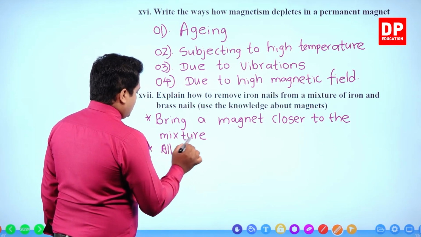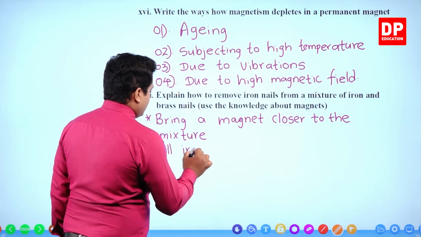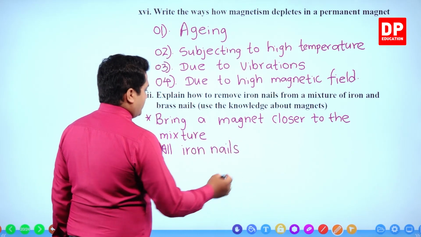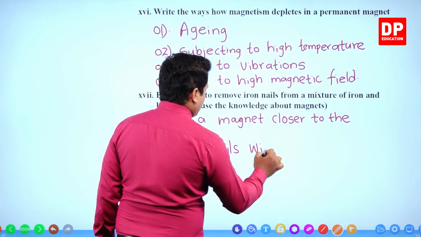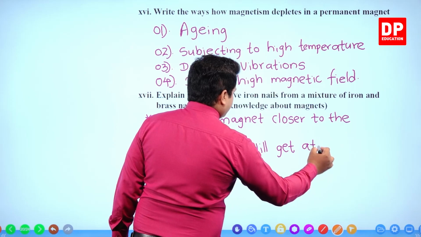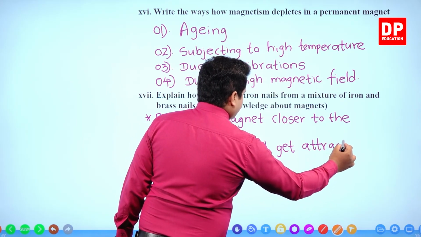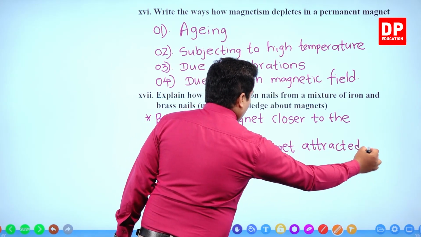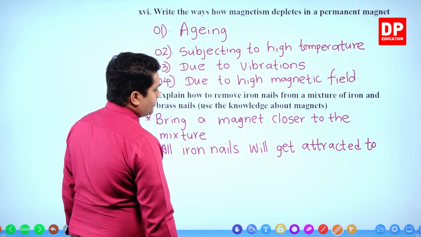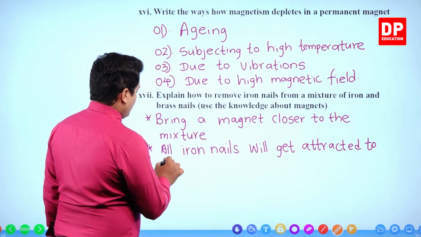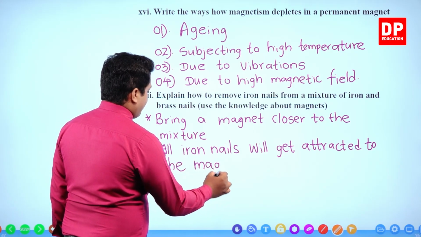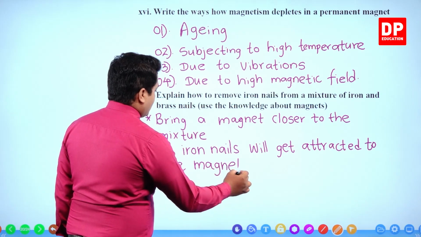All iron nails will get attracted to the magnet. What is the reason?